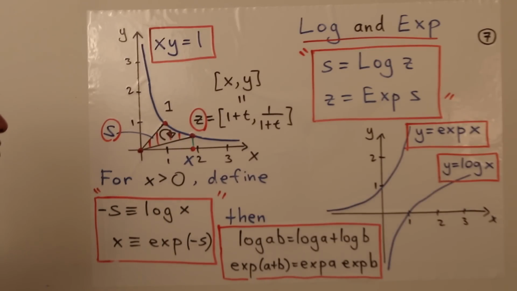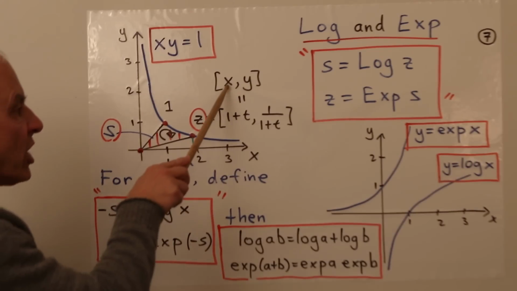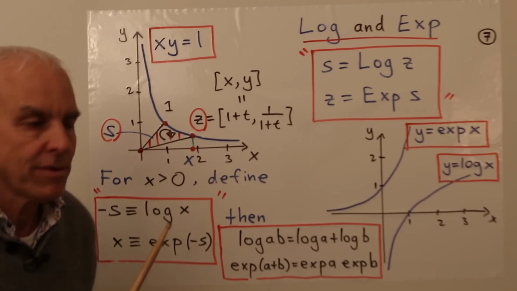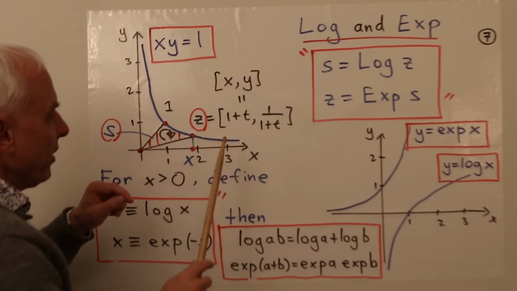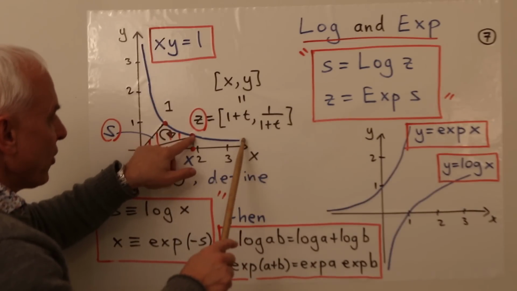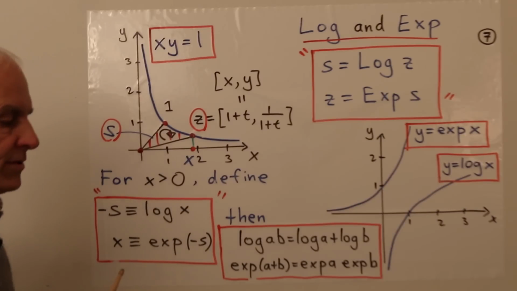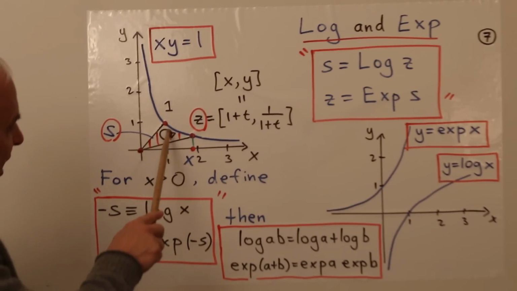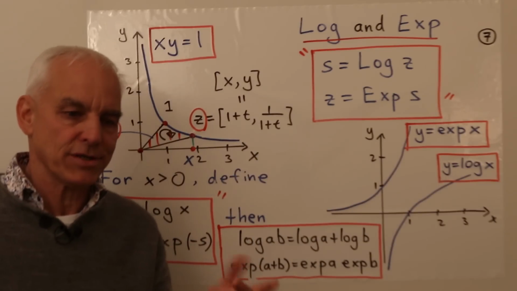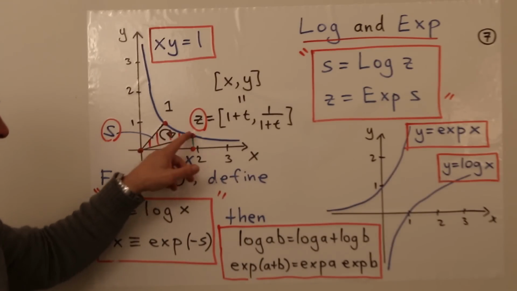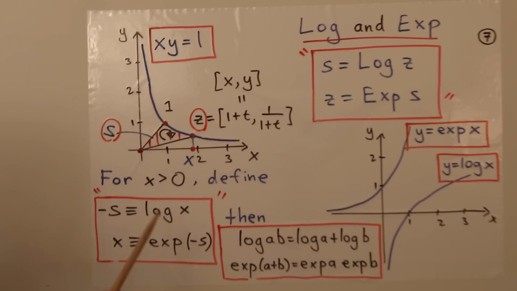Now, to connect this more directly with the traditional little l log and the little e exp, we're going to do the following. We just have a look at the relationship between S and just this x coordinate. So we ignore the y coordinate, take this point on the curve and just look at its x coordinate. And because our signed area happens to be oriented this way, because we're conscious of orientation, so this happens to have a negative orientation when z is in this position here, we're going to say that minus s is log of x.